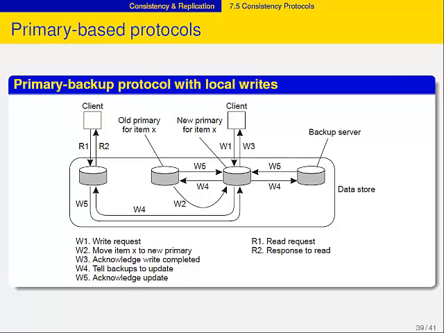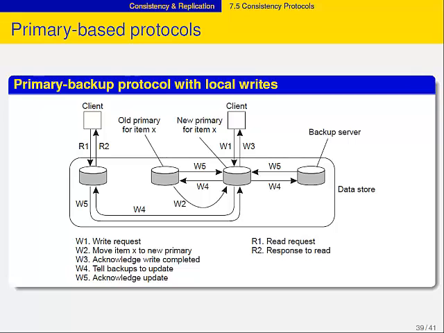Then behind your back, so to say, this thing starts to send updates to the other databases and waits for the acknowledgements. Do you see what's going on? Yes? I don't get the W2. Because it shouldn't go the other way. No, what I'm doing is I'm moving the primary to the client that is doing the writes.